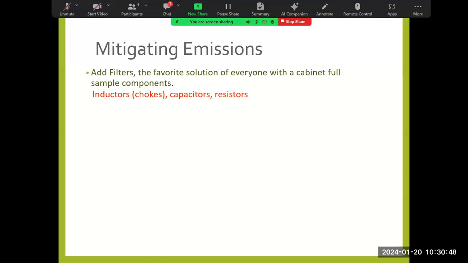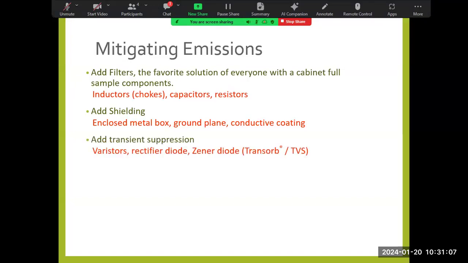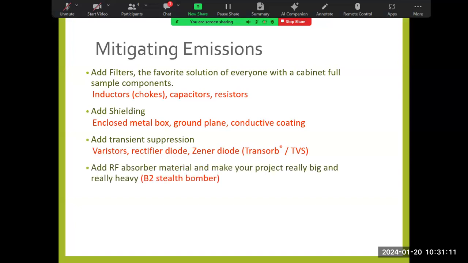So in order to fix EMC, what do we normally do? We throw filters onto something to block noise either from coming in or from getting out. And usually we just have a pile of parts and we throw them at the problem. Or you can try to wrap aluminum foil around it, or add some transient suppression depending on the type of problem you have.